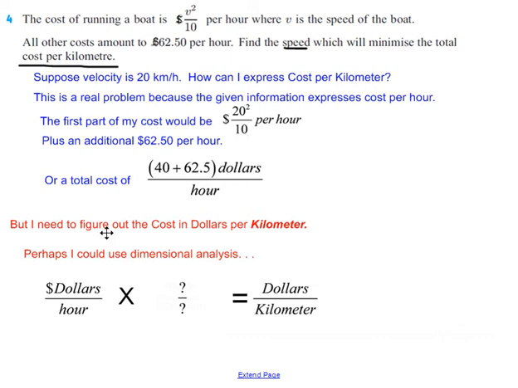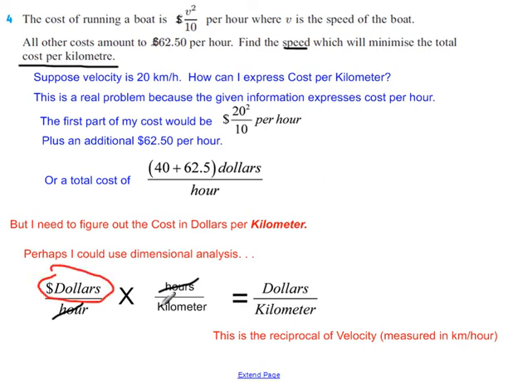In order to understand how to do this, I'm going to use a little bit of dimensional analysis. We have dollars per hour, and we need to multiply it by some magic mystical rate that will convert into dollars per kilometer. We want to keep the dollars, but we want kilometers instead of hours. Dollars per hour times hours per kilometer equals dollars per kilometer, because the hours divide out.